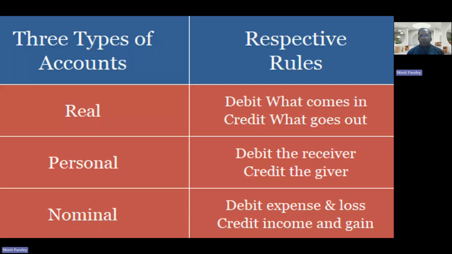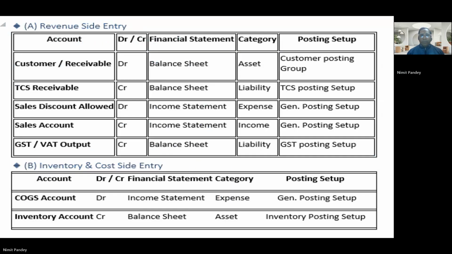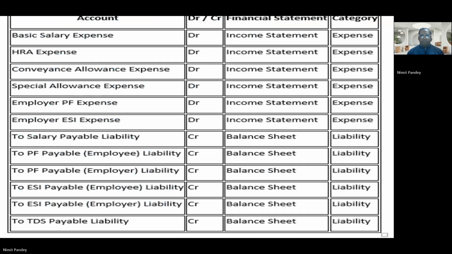So whenever we book salary, it will be our expense, and another account will be liability. So our salary is due. Basically these expenses increase: basic salary, HRA, all the salary parts which we have to give to the employee. And all other liability parts, which are dues, will be credit.